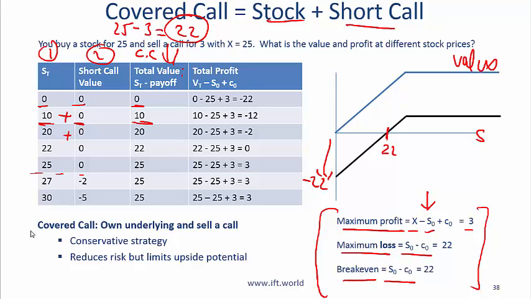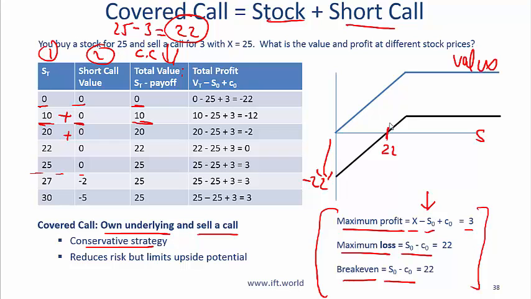Two more points on a covered call before we move on. You've already established that you own the underlying and you sell a call. This is a conservative strategy. Why do we say that? If you believe that the market will go up a little, then you will make money. If you believe that the market is going down, then the fact that you sold a call gives you a cushion.